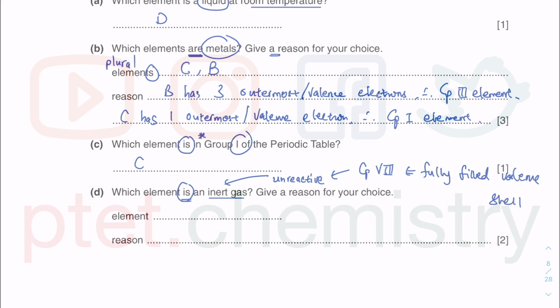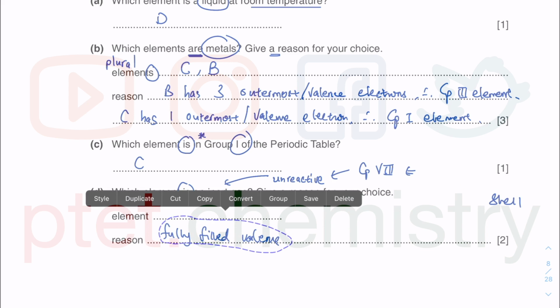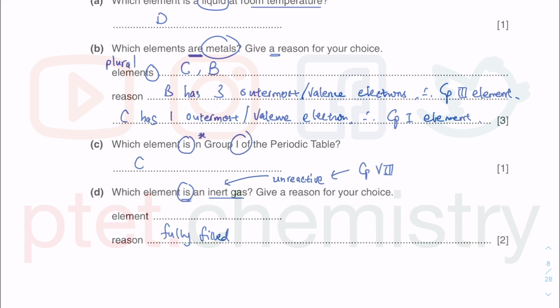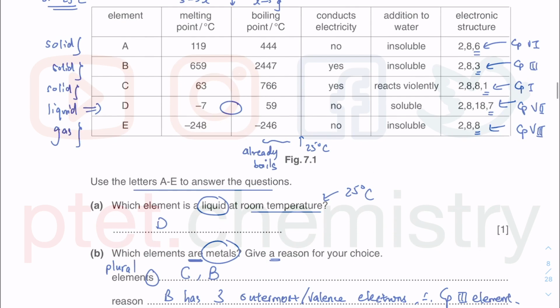Fully filled valence shell. If you don't like that word, you can say outermost. Just stick with one, whichever one you like. The outermost shell is completely full already, so that's why it doesn't gain, it doesn't lose, it doesn't share. This is the one which is completely full, is element E.